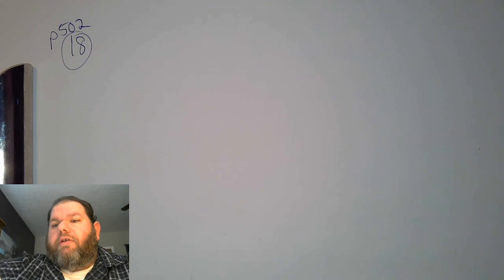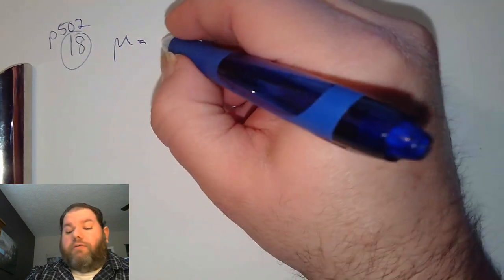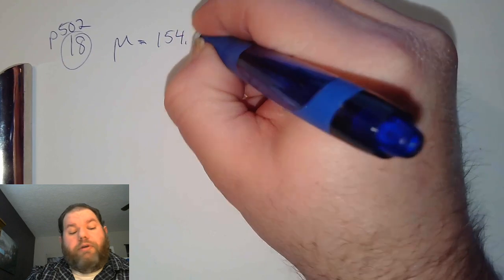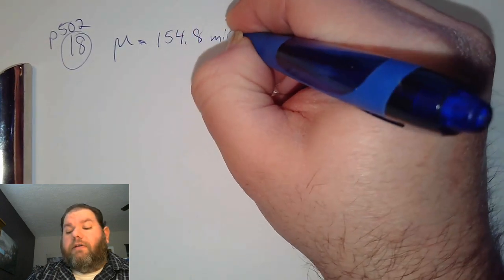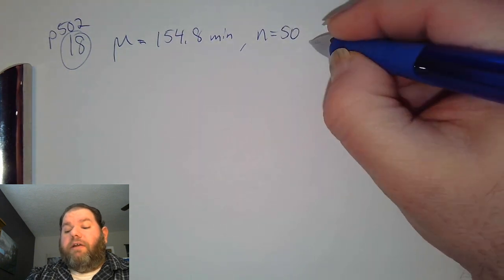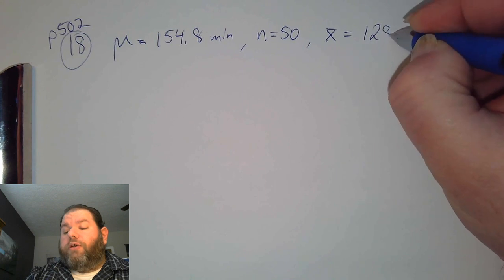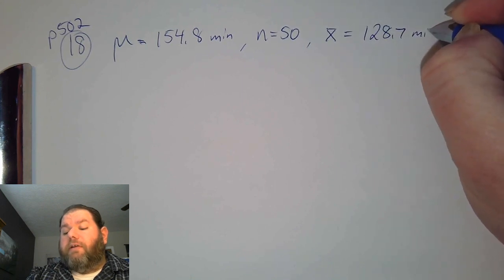So we want to write down our key values first before we do anything else. The established value for mu is 154.8 minutes. We also have a sample size of 50, and from that group of 50 we calculated a mean of 128.7 minutes.